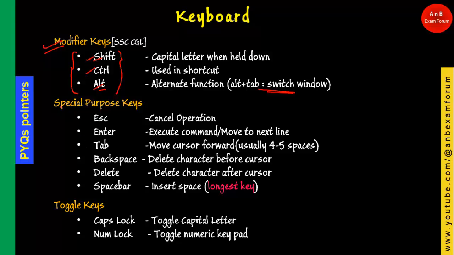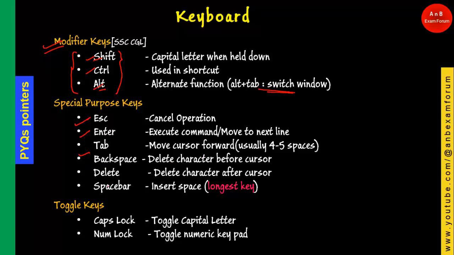Then we have some special purpose keys. Escape is used to cancel the operation, and enter is used to execute the command, which nowadays everybody, being computer savvy, can easily know. Tab, as you know, is used to move the cursor forward.